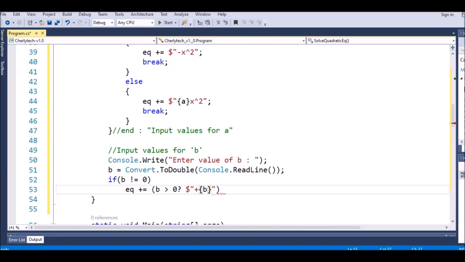This means that we will show the value of B to the console, and then we plus by X, like this. And then we say otherwise we have this one, minus, like this.